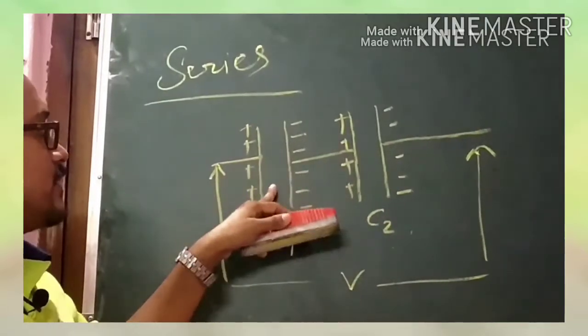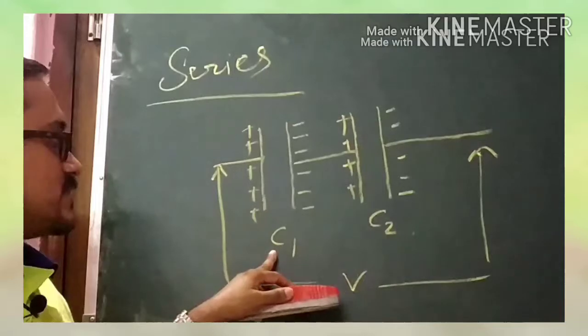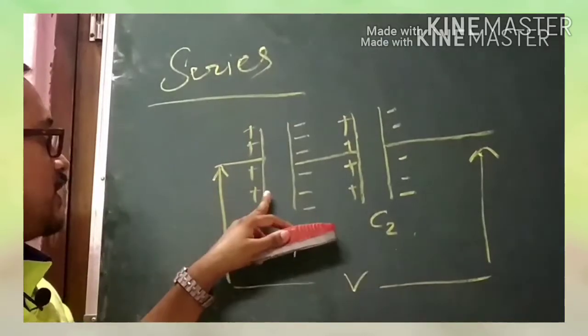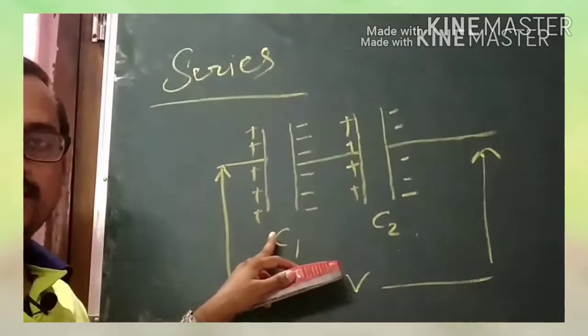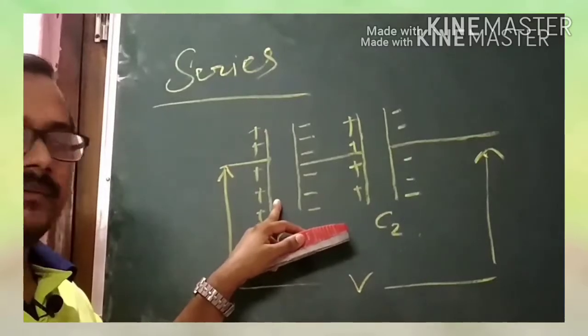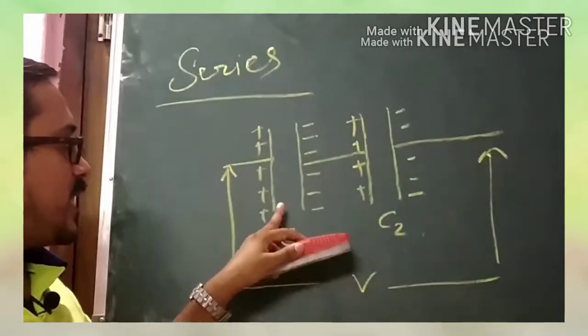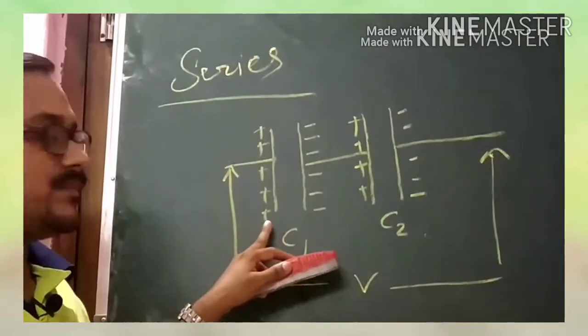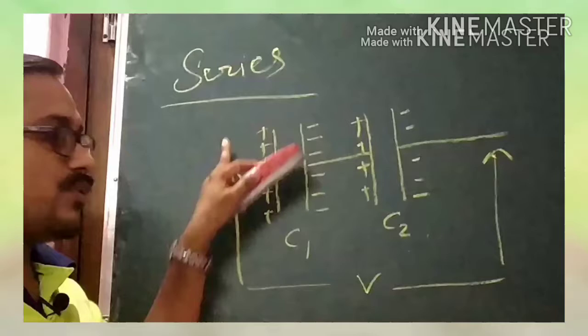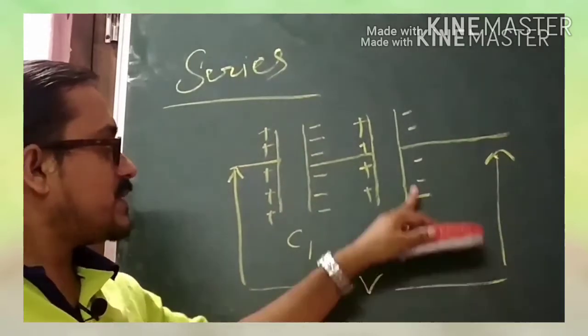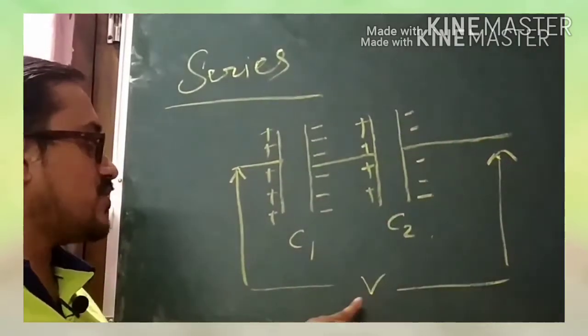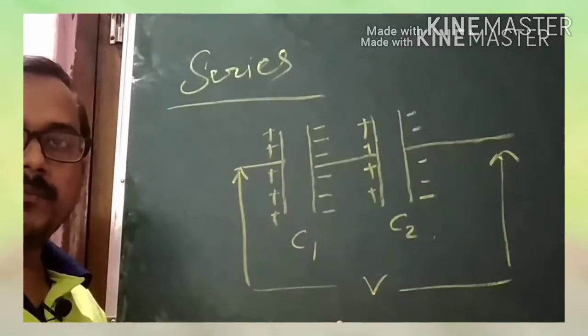In this case, let us consider two capacitors, C1 and C2. Each capacitor, as we know, consists of mainly two conductors. The left side of capacitor 1, which is positive, and the right side of capacitor 2, which is negative, are connected to both terminals of a battery.